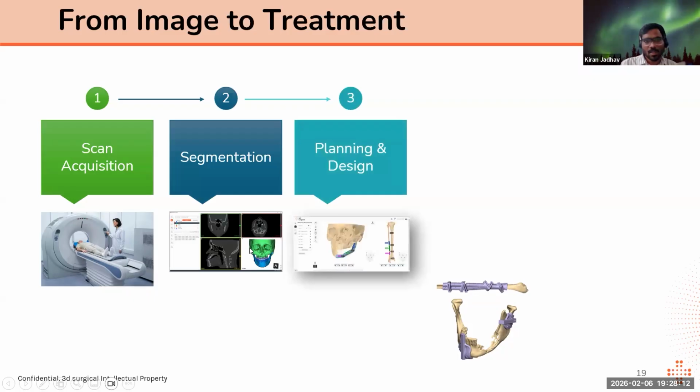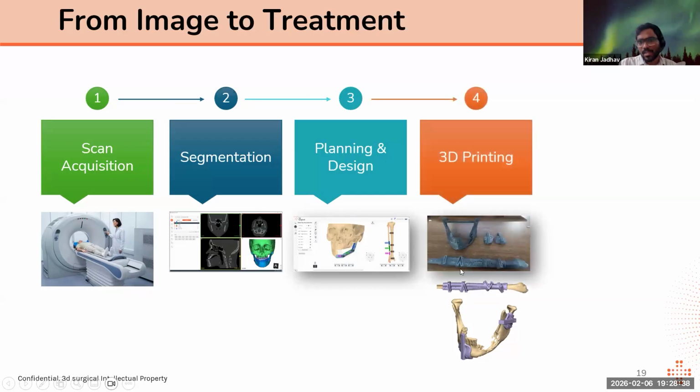And this virtual model will be helpful for planning and design purposes. Here you can see there is a defect in the mandible. The planning has been done, and this is a fibula flap planning, where the surgeon decides how much cut he wants to make, and depending on that, the design has been made.